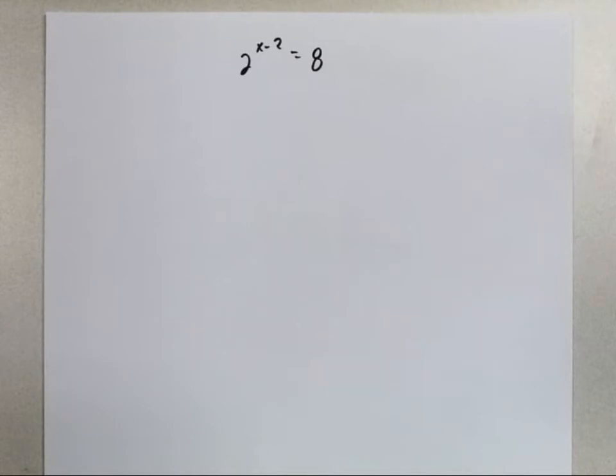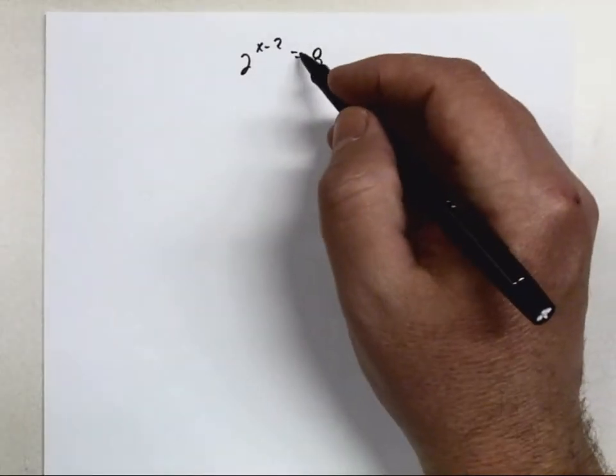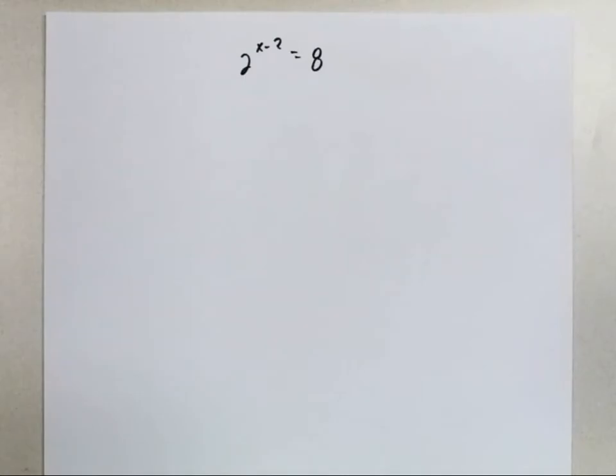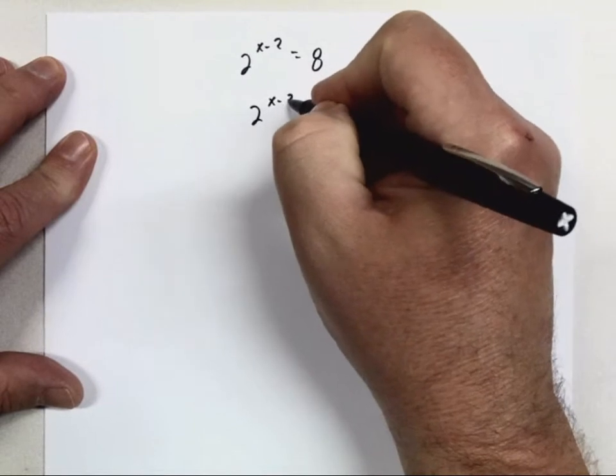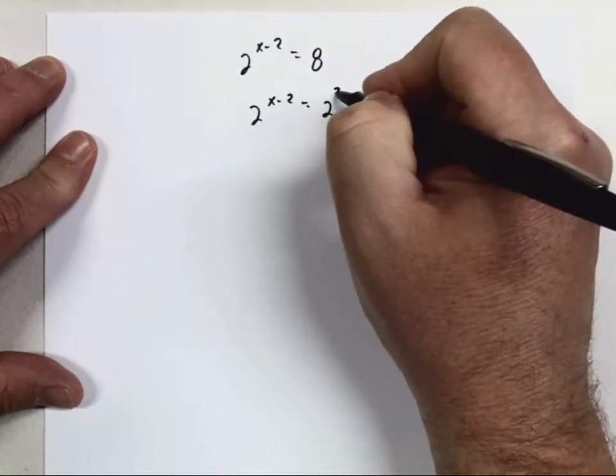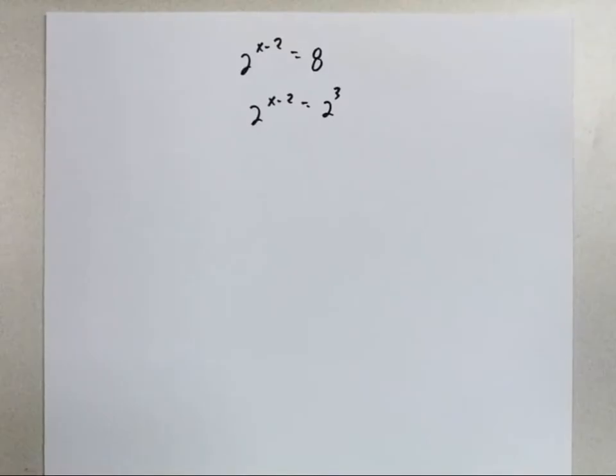Now my suggestion is when you're solving these kinds of problems, it's been so long you might have forgotten it. Here's an example. You could take the log of both sides and you could solve it and that would work. However, don't forget the very first thing that we talked about in solving exponential equations. If you can somehow get the same base on both sides, then that makes the problem really easy to solve.